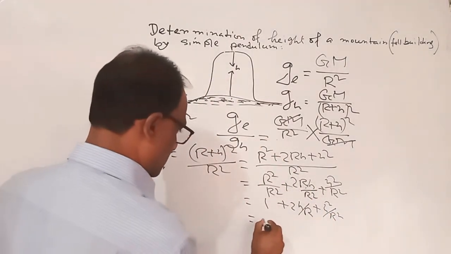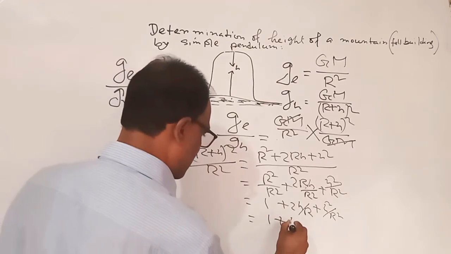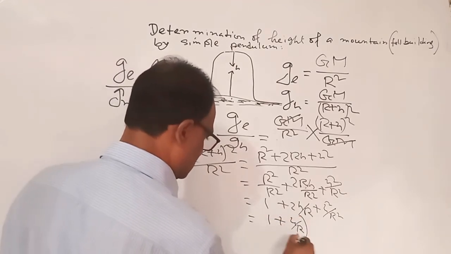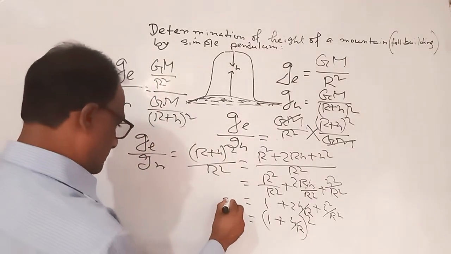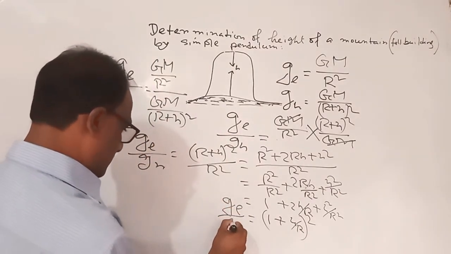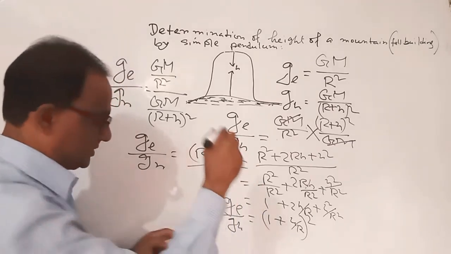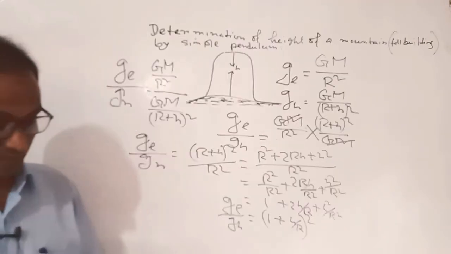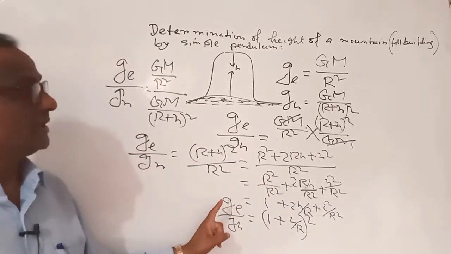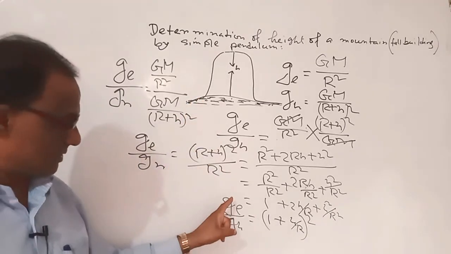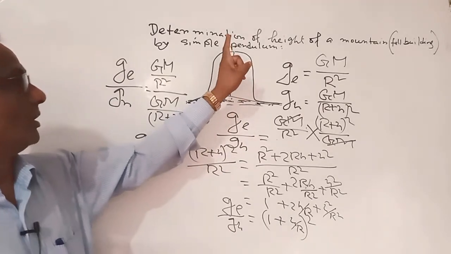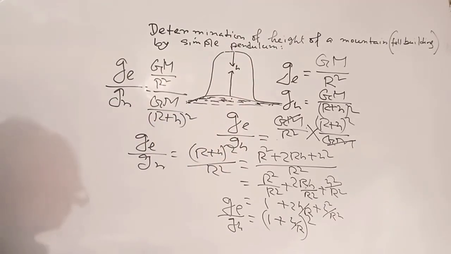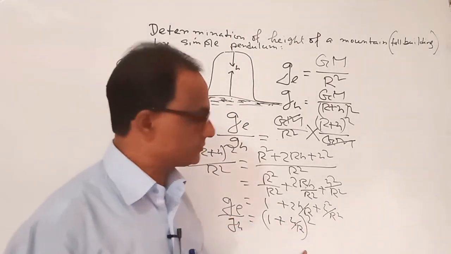So it can be written (1 plus h by R) whole square. So the ratio Ge by Gh, that is the acceleration due to gravity at the earth surface and the acceleration due to gravity on the hill, is this.